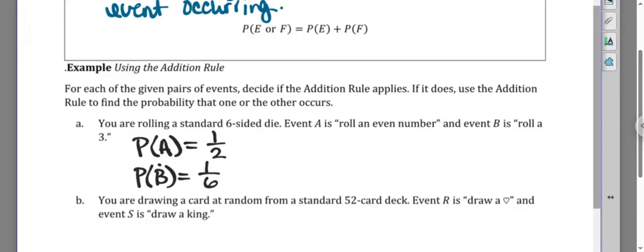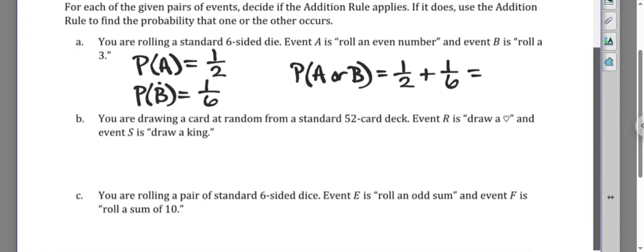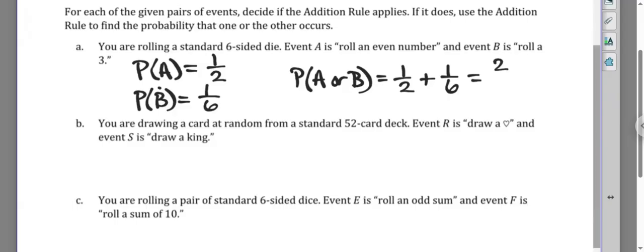So the probability of A or B, 1/2 plus 1/6 is what? Should be 4/6, which you end up with 2/3.